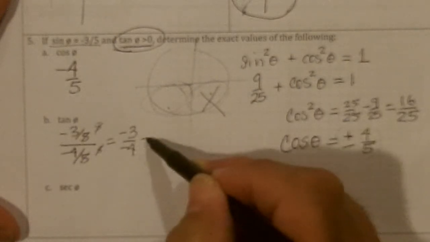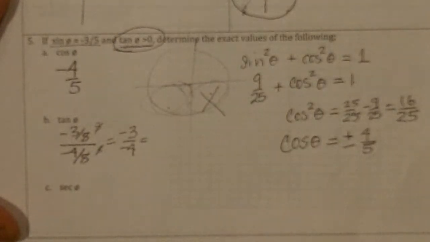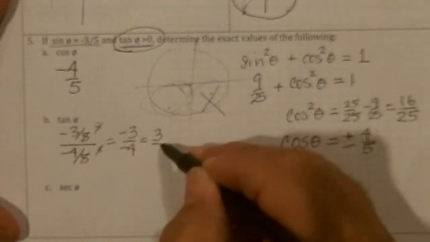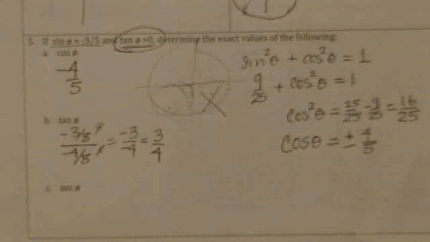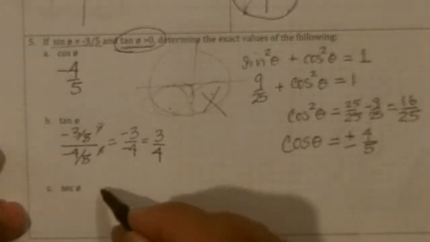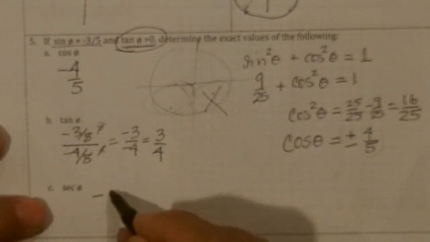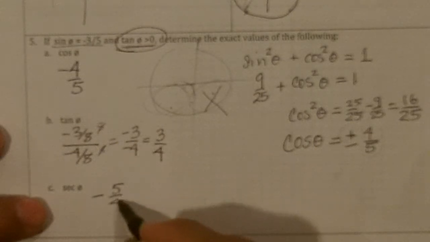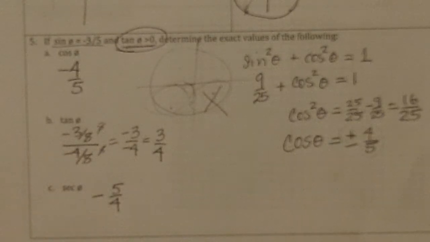A negative divided by a negative is positive 3/4. And the secant is the reciprocal of the cosine, so that's going to be still negative 5/4. That's the first page.